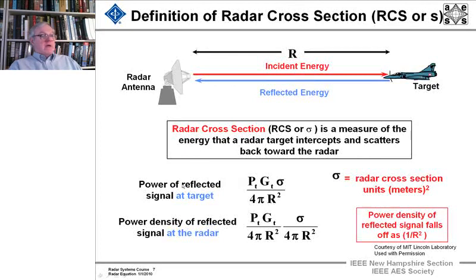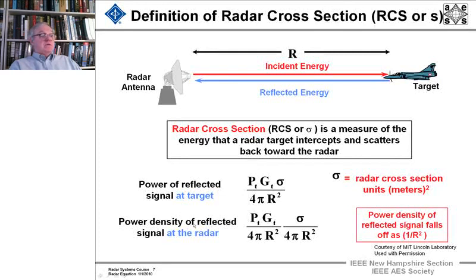And as we took from the previous view graph, the power of the radiated signal at the target was this, from the last view graph, times sigma, the radar cross-section. And that gives us the power, not per unit area, as in the last view graph, but the power overall.